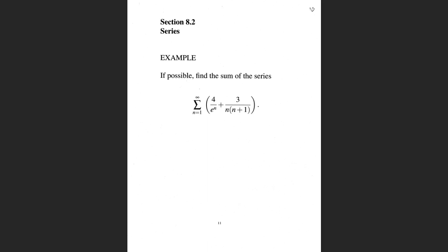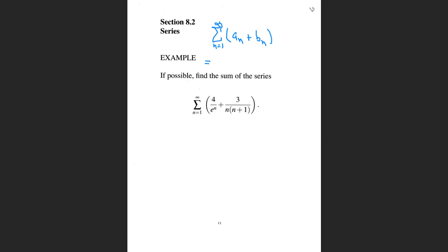Let me ask you this. If you have a series like this, and I can put n equals 1 to infinity here, could we rewrite that series as something else?